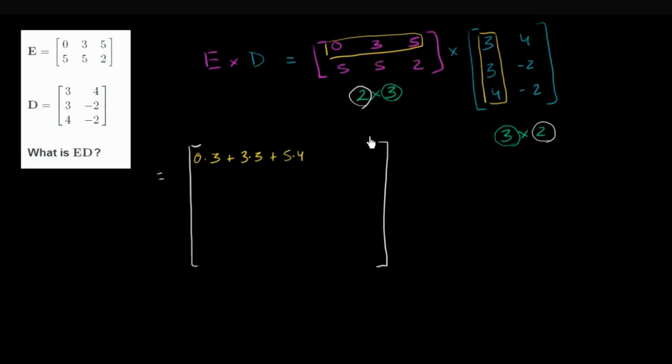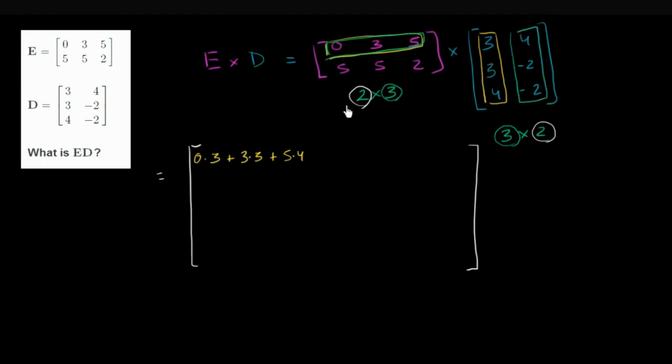And I already see that I'm going to run out of space here. So let me move this over to the right, so I have some breathing room. Now we can do the top right entry. This was the top left. Now we're going to do the top right. So the top right entry is going to be this row times this column.